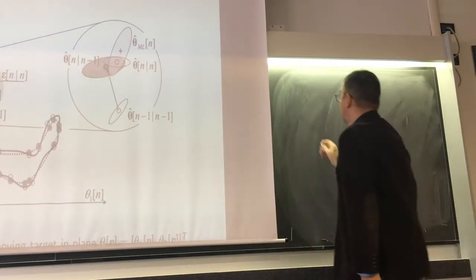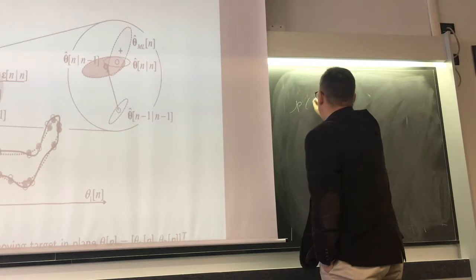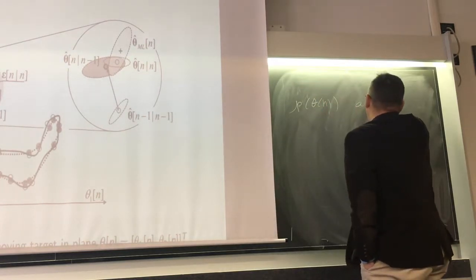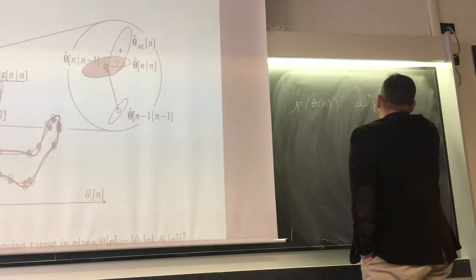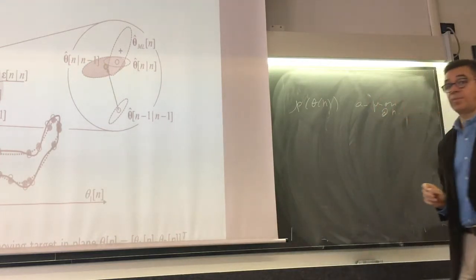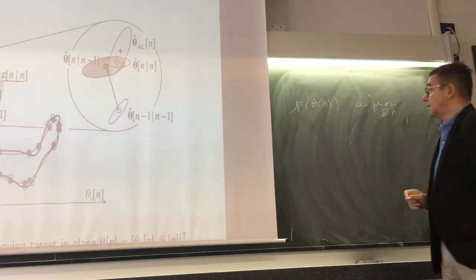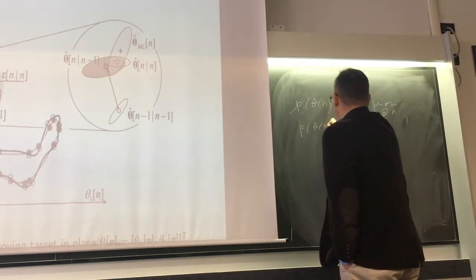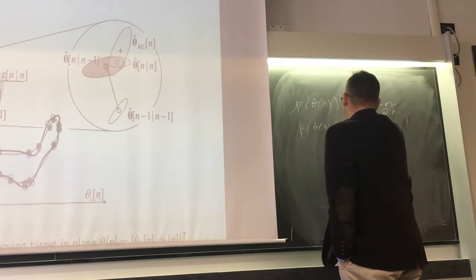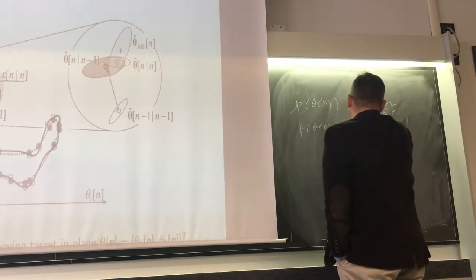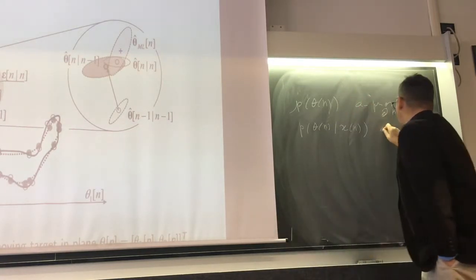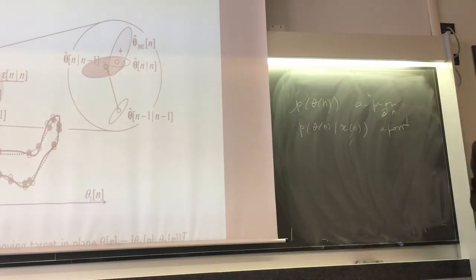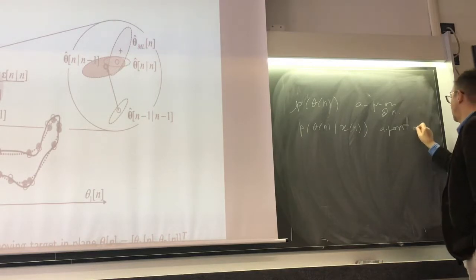So we said I have the probability density function, which is a priori at the time n. Now, I can get the probability density function of theta n conditioned to x, and this is a posteriori at the time n.